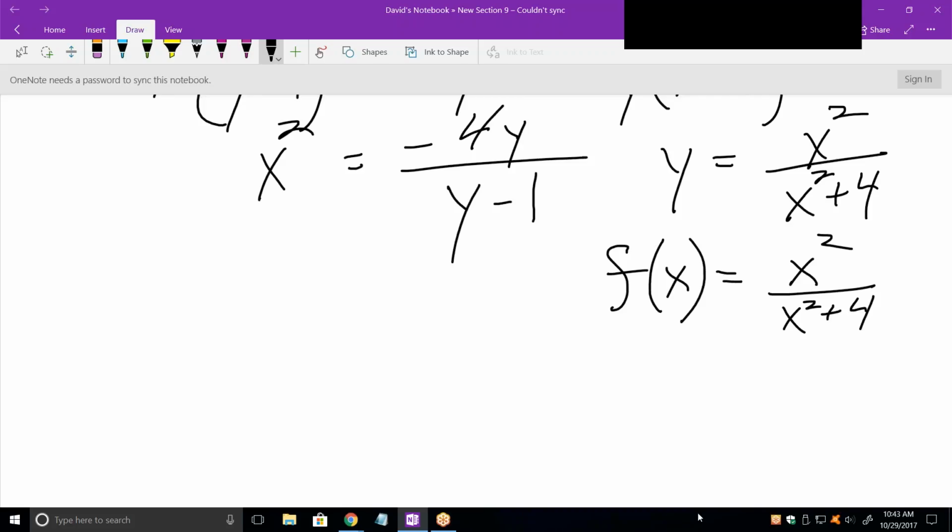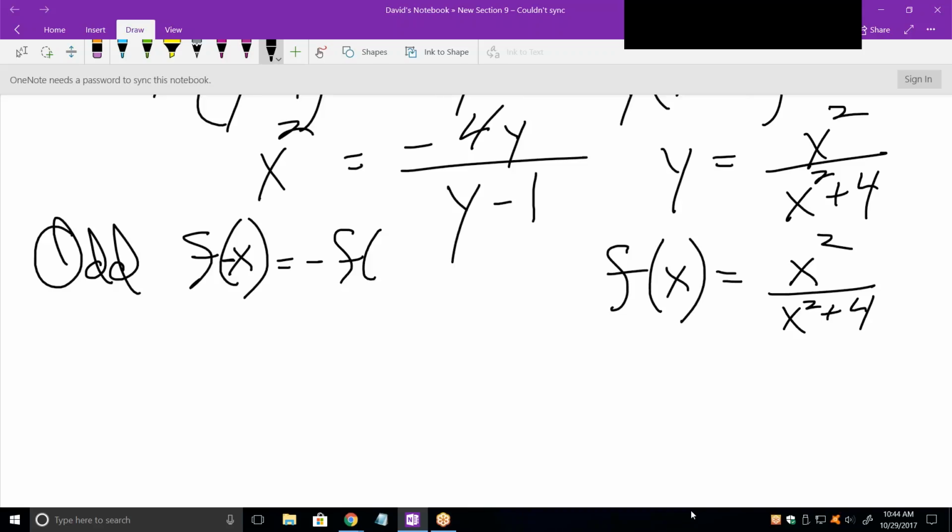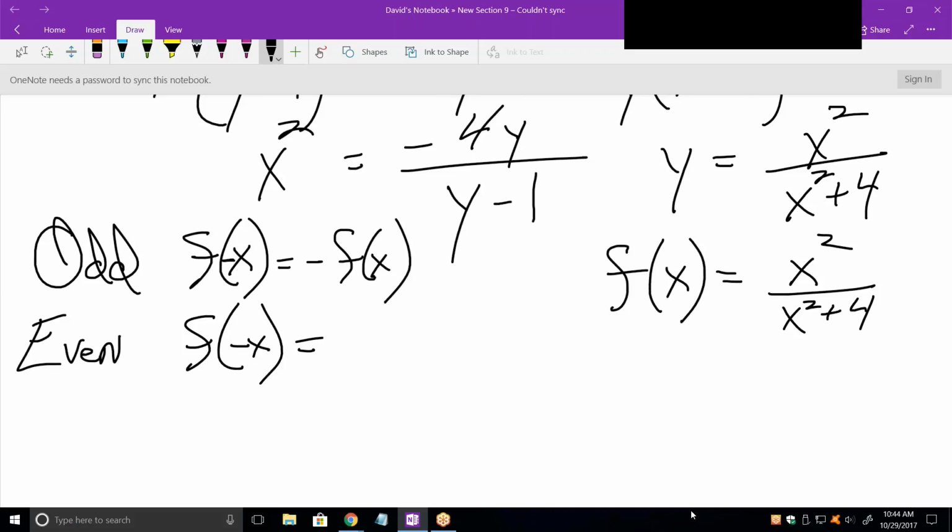So for odd functions, which is symmetry about the origin, f of negative x has to equal minus f of x. For even functions, f of minus x equals f of x.